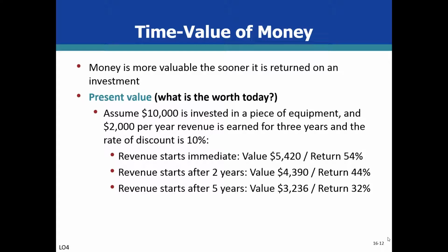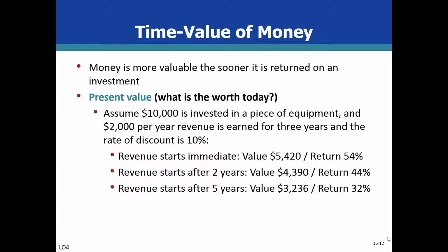Firms also look at the present value calculation when evaluating investments. If you're a firm purchasing a piece of productive equipment today, when your revenue stream starts will determine what value the firm places on the revenue today.